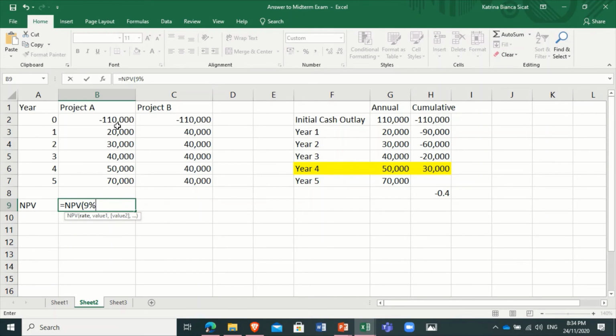Okay? So, syempre, the higher the rate, the lower the return, 'di ba? So, this is going to be assumed given the level of risk that is dictated in the industry that you're in. So, pwede nyong i-research kung ano yung usually rate of return ng, for example, barbershop, ng isang bakery.